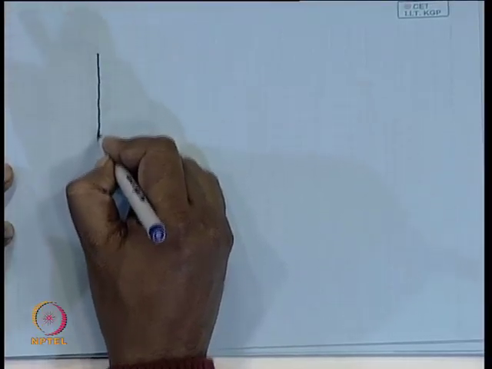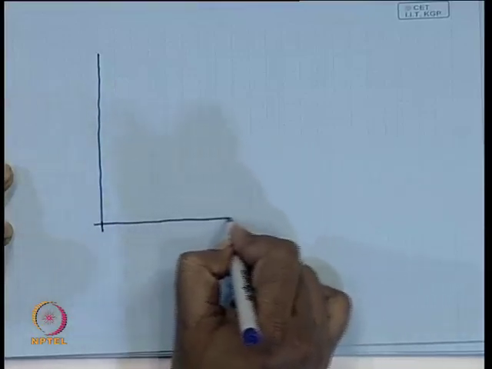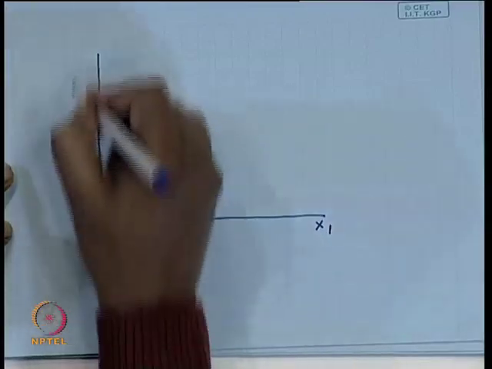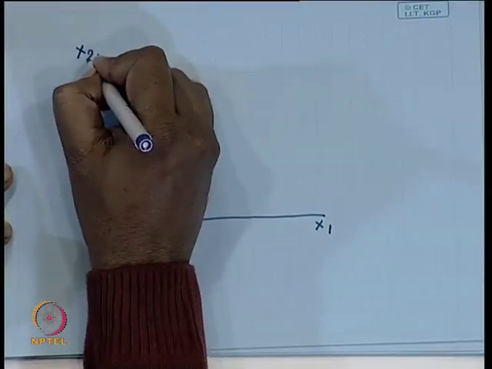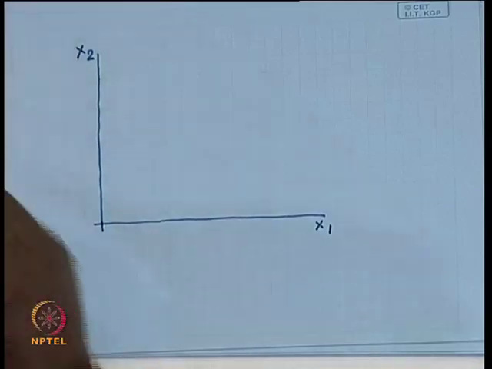If the classes are not linearly separable, in that case what do we do? So, let us take another illustration, say something like this. Again I have 2 dimensional feature vectors having components x 1 and x 2. Okay.